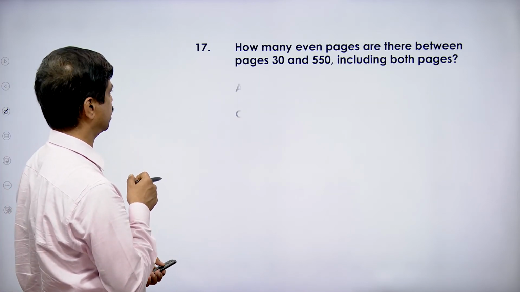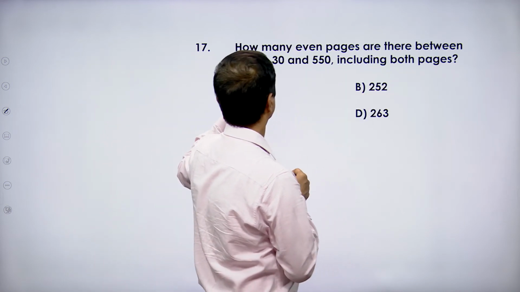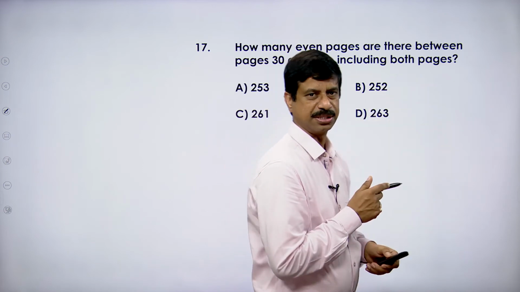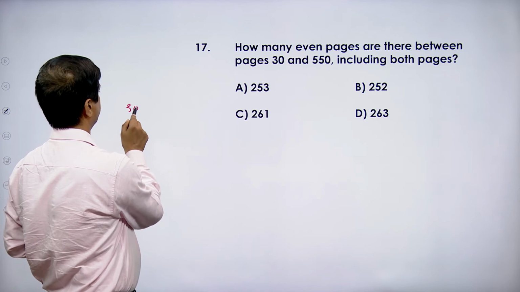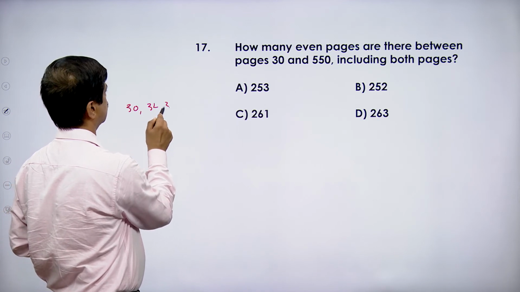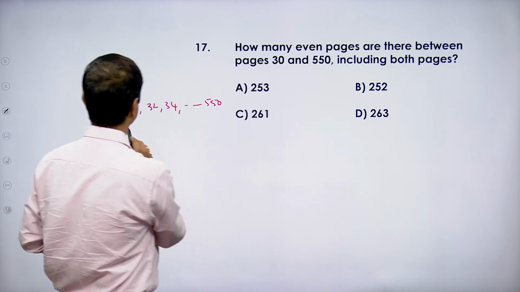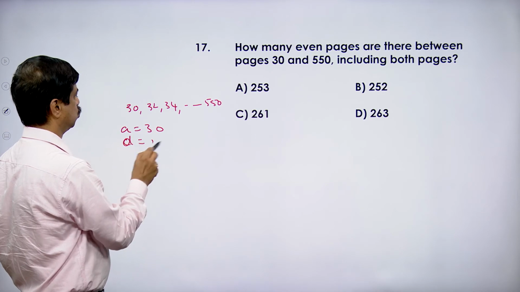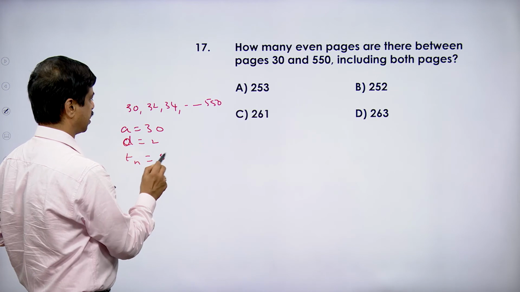Now let us go for the next question. How many even pages are there between pages 30 and 550, including both the pages? So let us call it as 30, comma 32, comma 34 like this. These are even pages, and last is 550. So a is 30, common difference is 2, and Tn, the nth page, is 550.